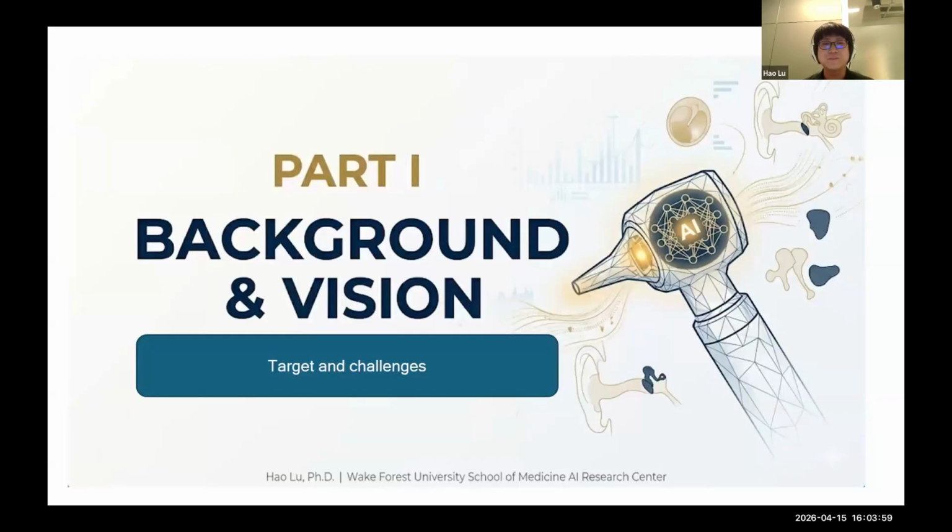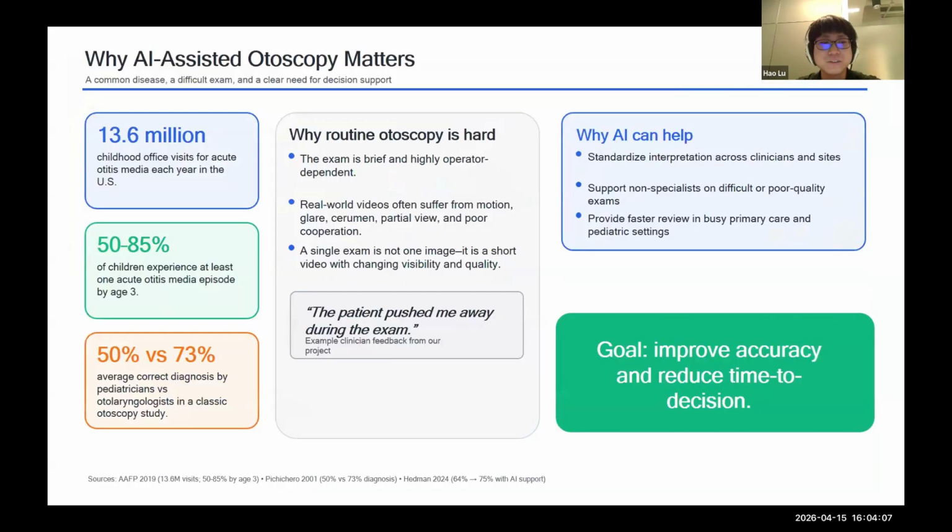So let's start from the first part, the background and the vision of our project. First, I want to give you some numbers. In short, more than half of the children under 10 years old have at least one middle ear disease.